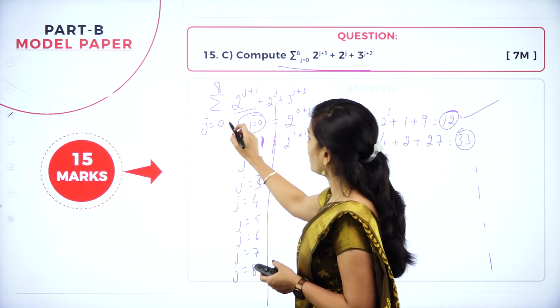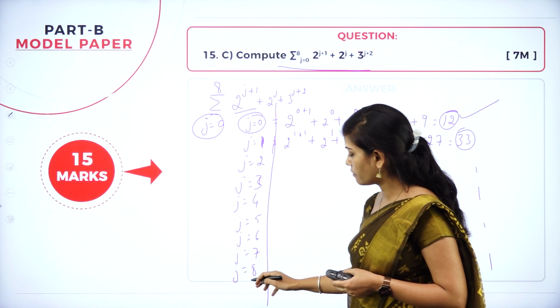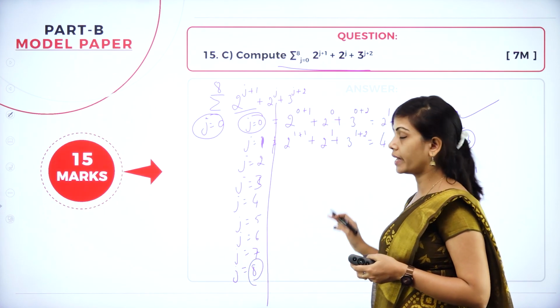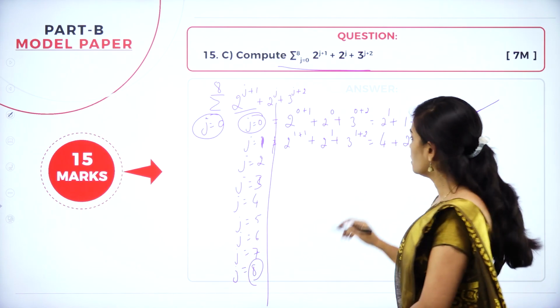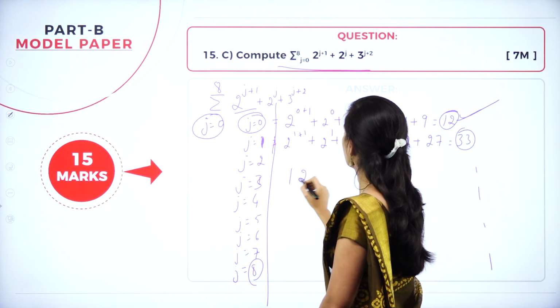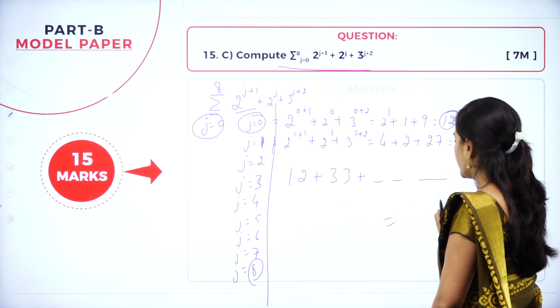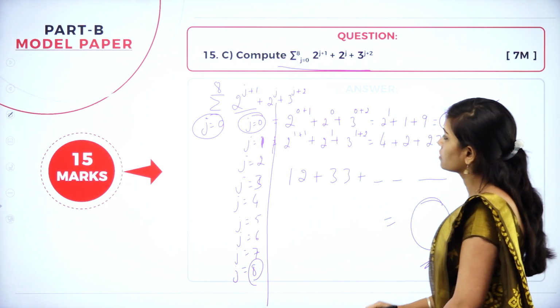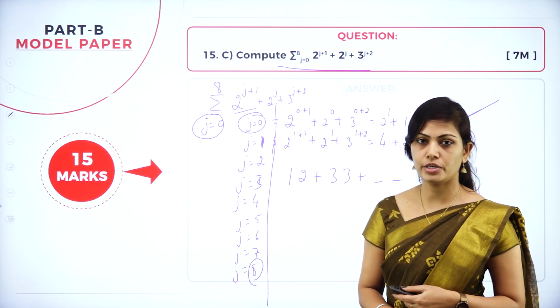So every time you have to find the value of j. J is equal to 0, 1, 2, 3, 4, 5, 6, 7, 8, till 8 you have to find the j value. So you will get one term each. You just add these values, 33 etc., and you will get the final result. So this is called the computation procedure for summation.